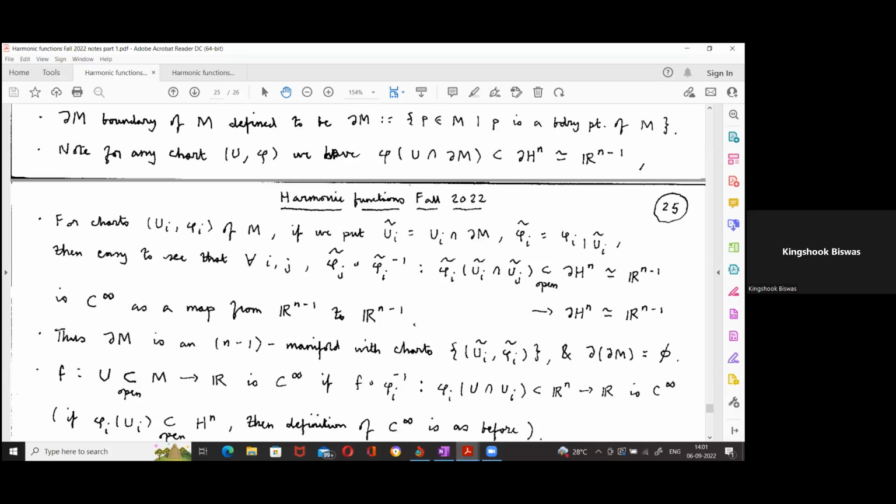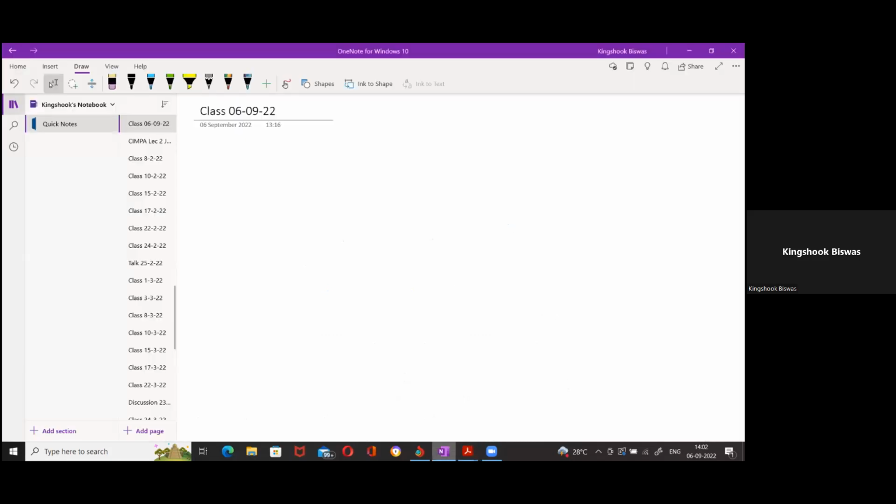Okay. So last time we started talking about manifolds with boundary, right? So these were spaces which had charts of two kinds. Say this is your manifold with boundary.